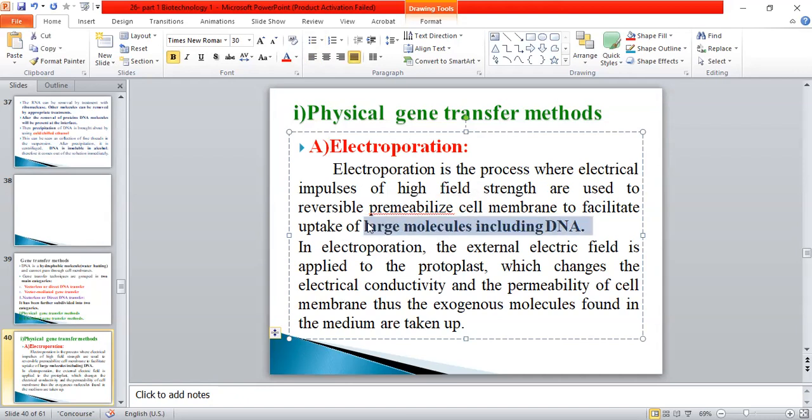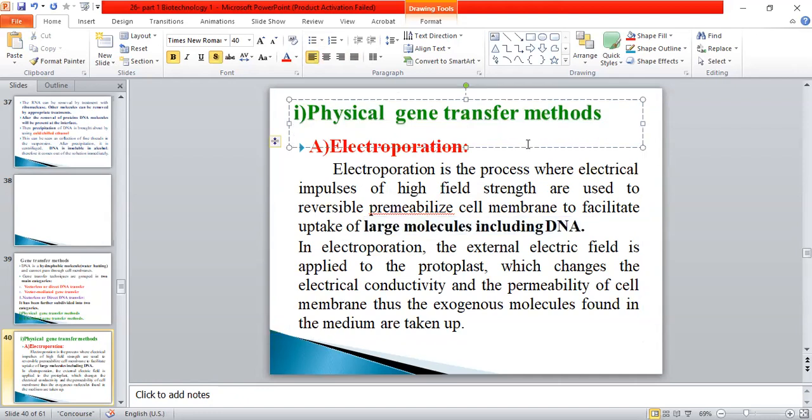In electroporation, electric impulses of high field strength are used to reversibly permeabilize the cell membrane to facilitate uptake of large molecules including DNA. If you want to load DNA molecules into a particular cell, you use the electroporation technique with electric impulses.